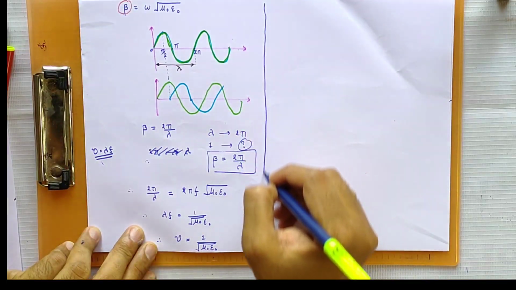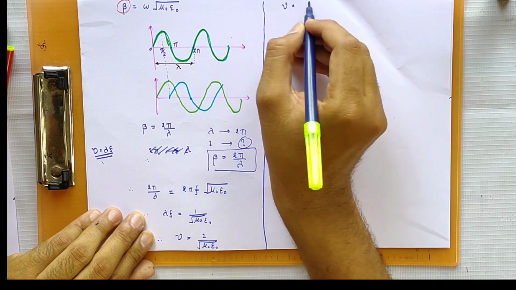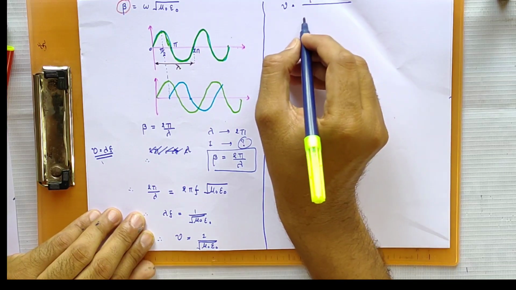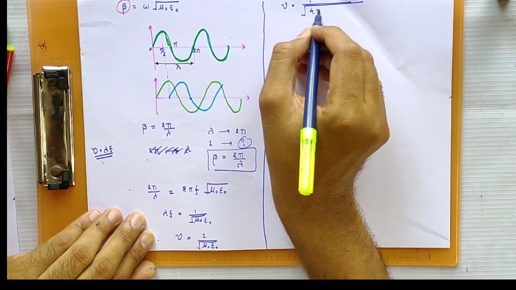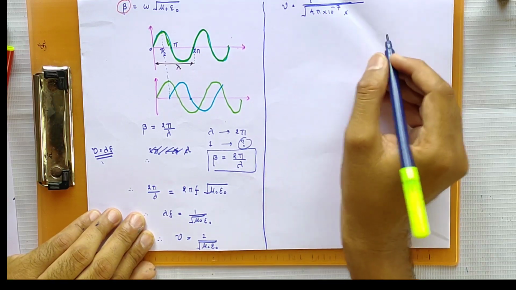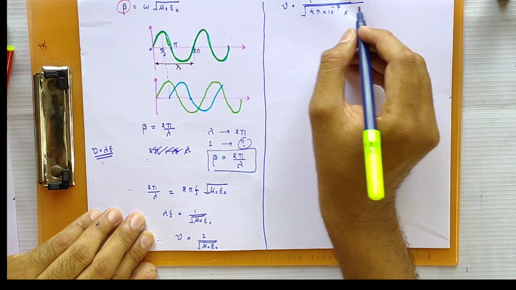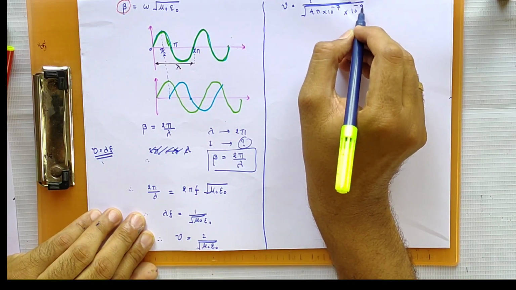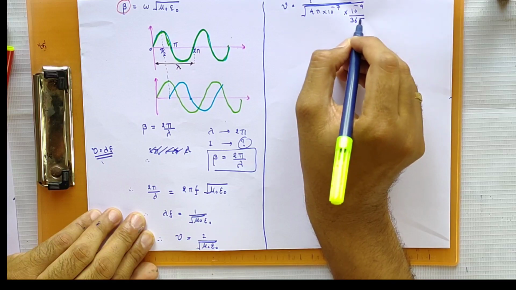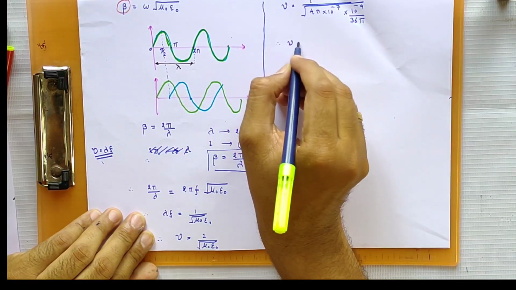Now I have to put in the values of mu 0 and epsilon 0. Mu 0 is 4 pi into 10 raised to minus 7, and epsilon 0 is 8.854 into 10 raised to minus 12, or 10 raised to minus 9 upon 36 pi. Now you can do the calculation yourself.